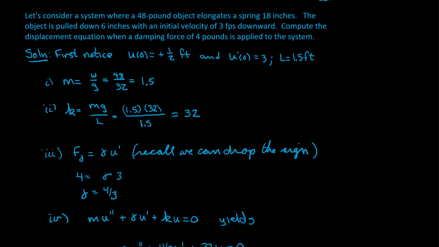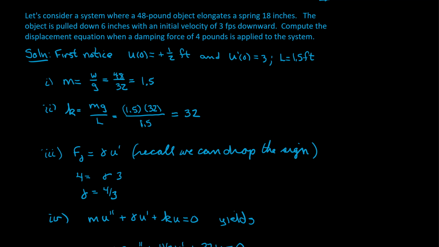The mass is going to be the weight, the 48 pounds, divided by the constant of gravity, which is 32. Your mass is 1.5. K, which is the mass times gravity over L, is going to be the 1.5 for the mass, the 32 for the gravity, and then we're going to divide by the elongation. 1.5 feet gives us 32.